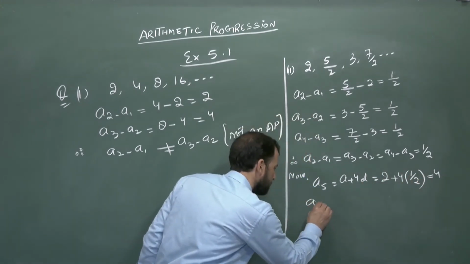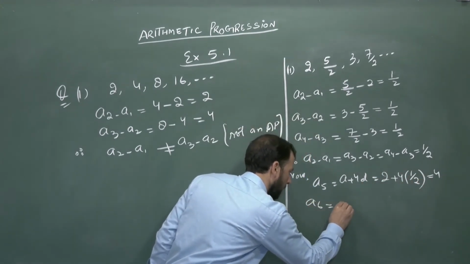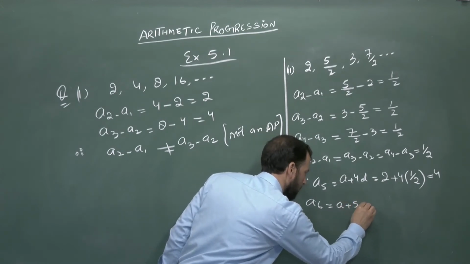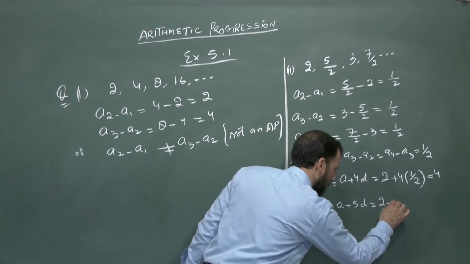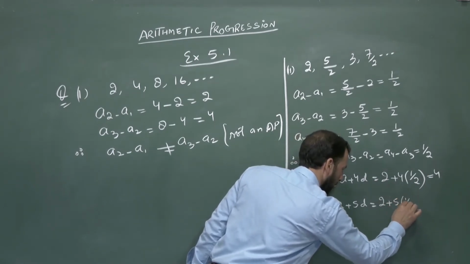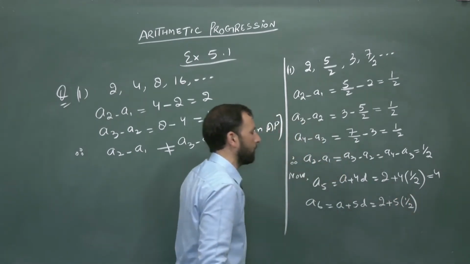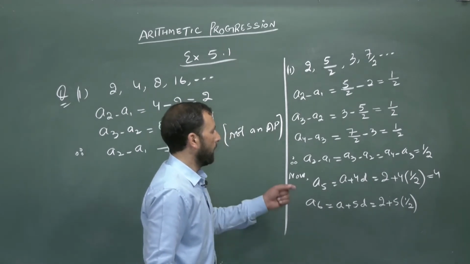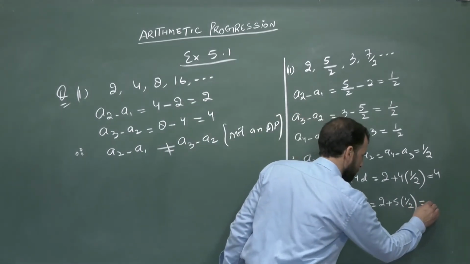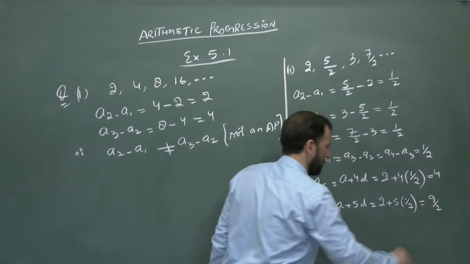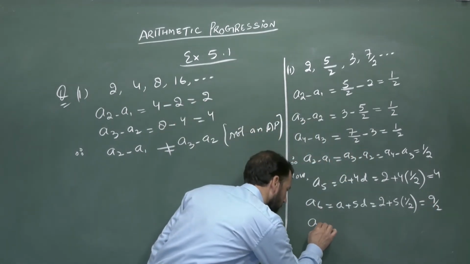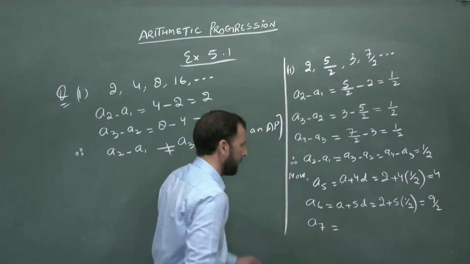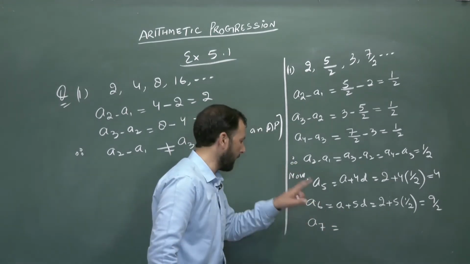Now A6, sixth term is A plus 5D, that equals to, A is given 2 plus 5 into D is 1 by 2. When we simplify this, we get 9 upon 2. Now next one is here A7, because we have to find next 3 more terms, that is A5, A6 and A7.